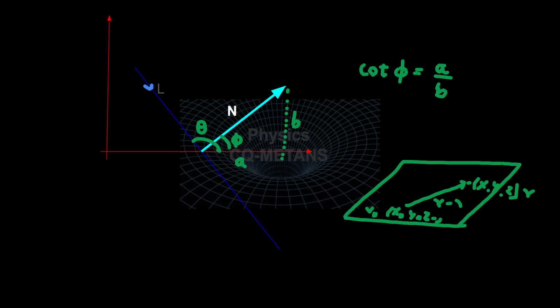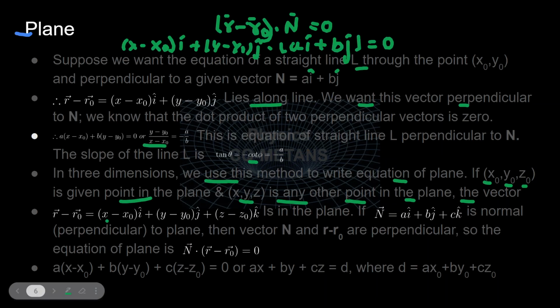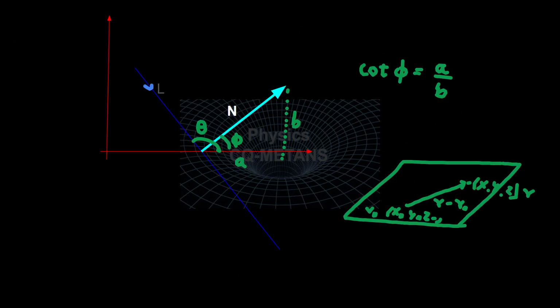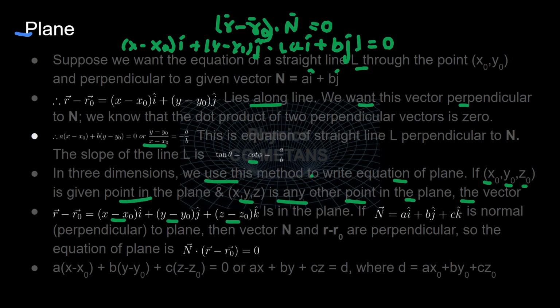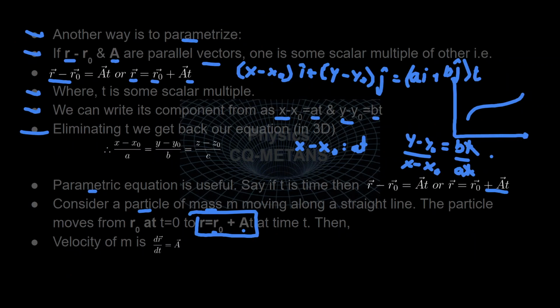So the vector r minus r naught, that is x minus x naught i cap plus y minus y naught j cap plus z minus z naught k cap, is in the plane. So this line which we are drawing is in that plane itself. If n is normal to the plane, so if I draw one normal to the plane, this is the normal vector to the plane.